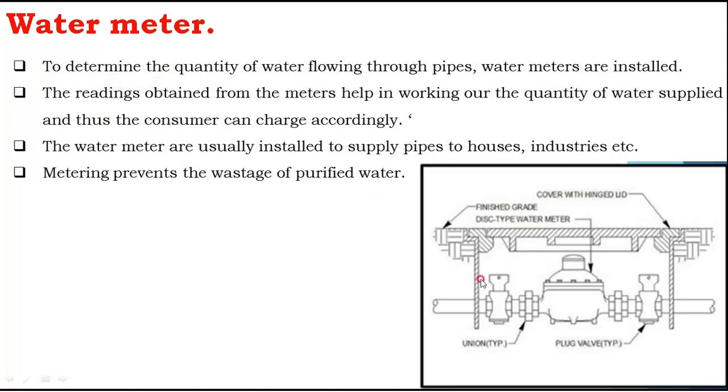This water meter will measure how much water is supplied and how much you are consuming, so that they can charge for water per liter. Or even if they don't charge, if they are supplying freely, at least they will come to know how much water each individual, residence or industry is consuming.